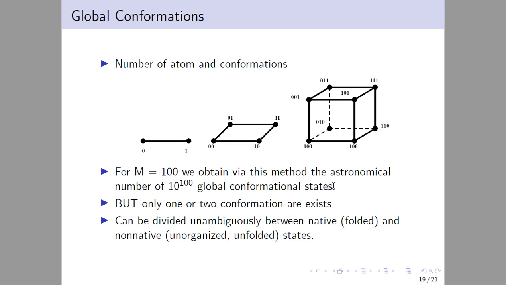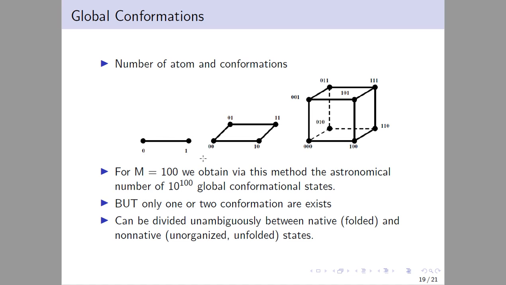Maknanya satu molekul tu boleh ada 10 to the power of 100 phase or shape. But only 1 or 2 conformations exist.